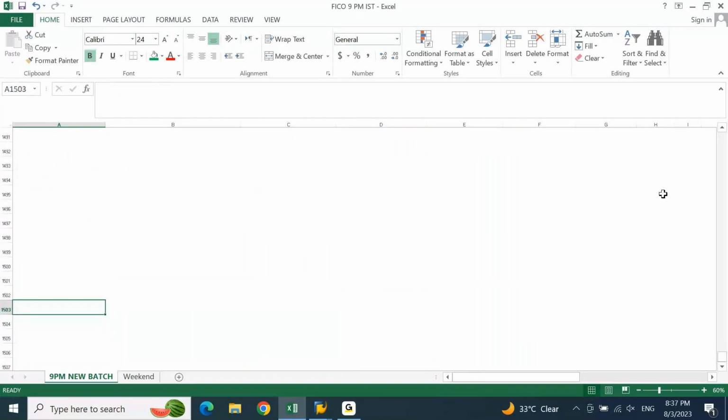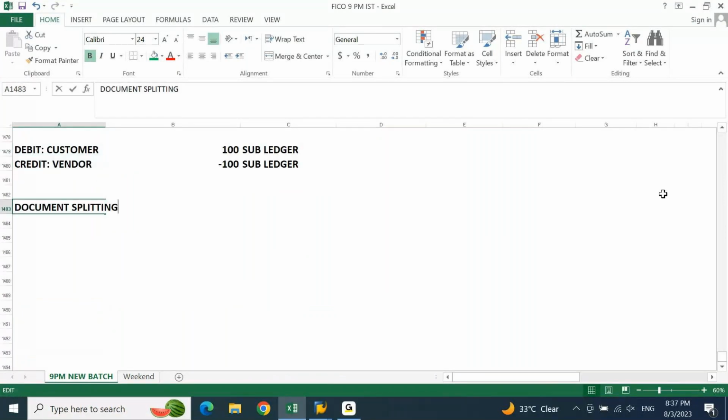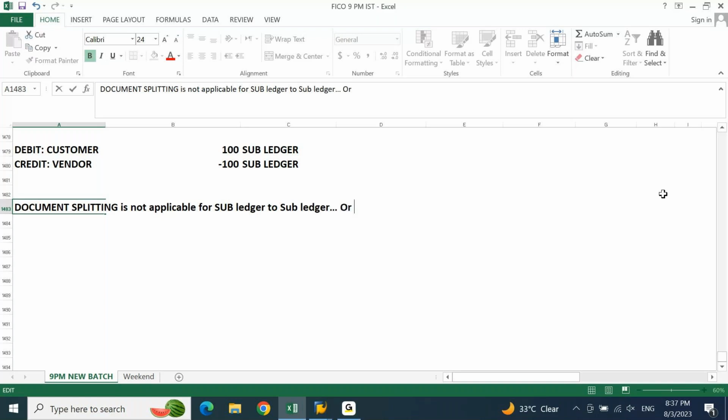Here, document splitting is not applicable for subledger to subledger postings.